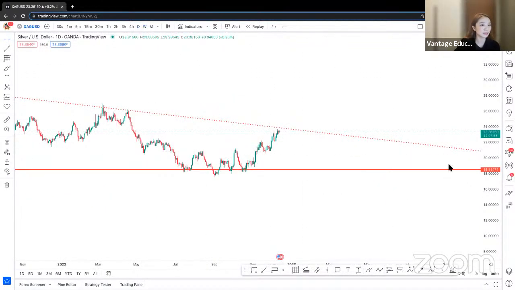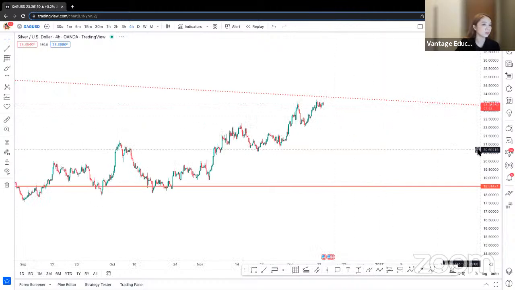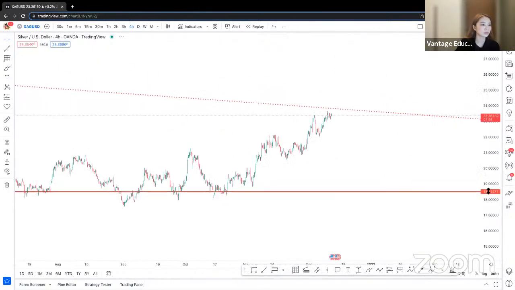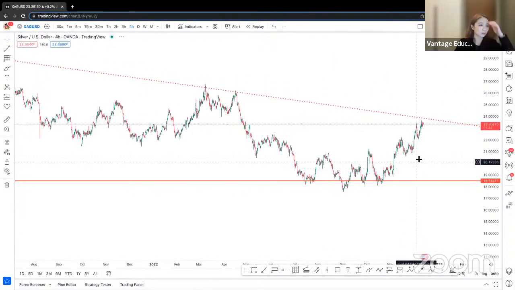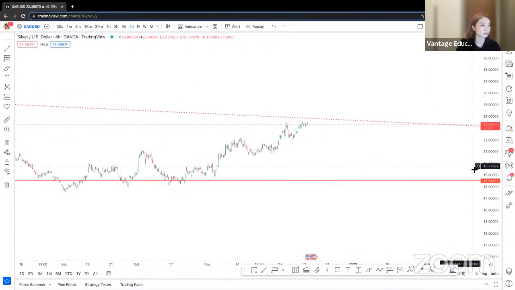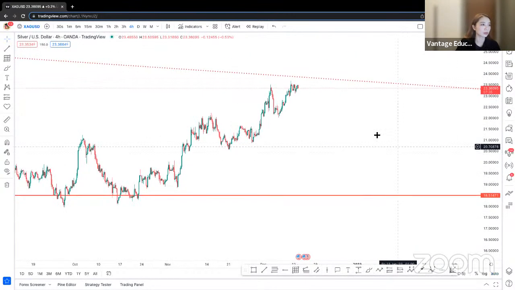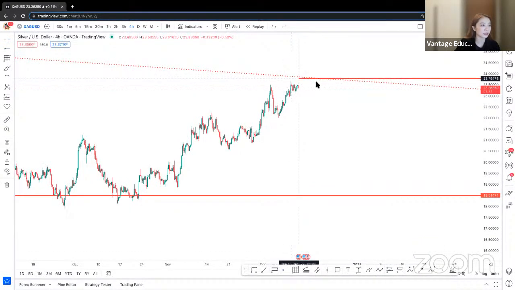Let's look at daily. Yep, seems like it. All right, daily not showing much. We're looking at page 4. Okay, personally, I would put maybe sell a bit higher actually.